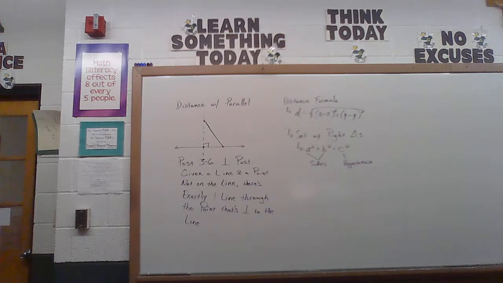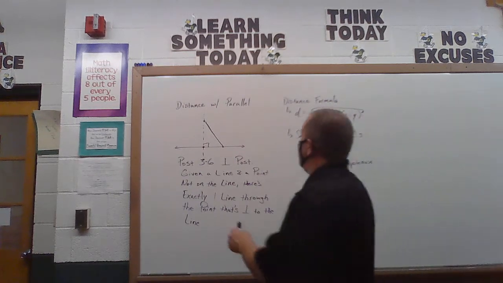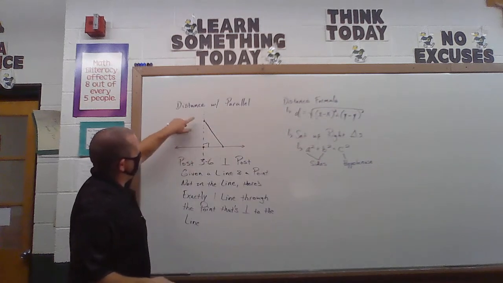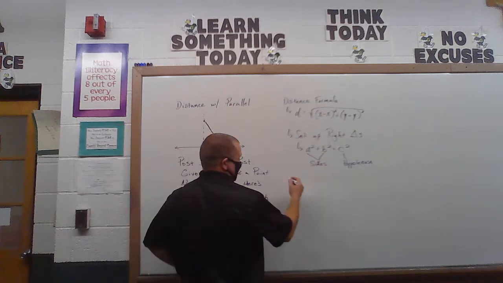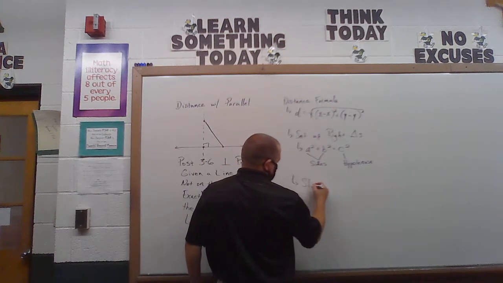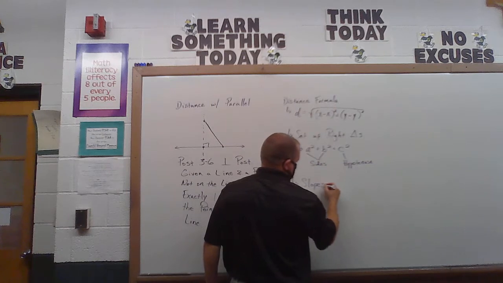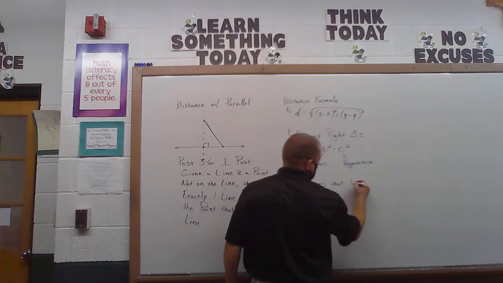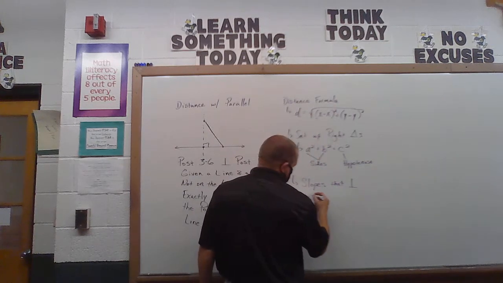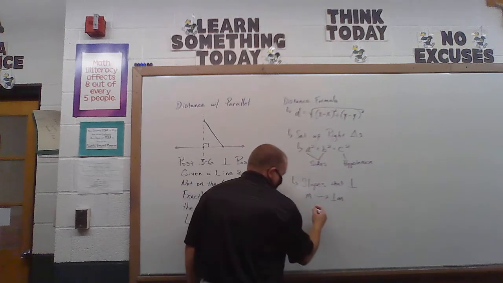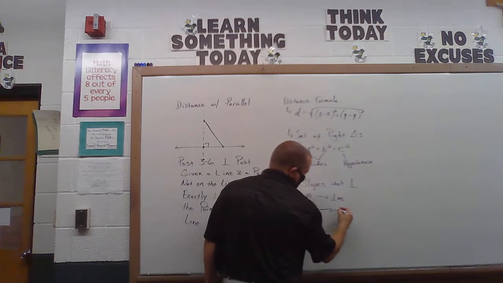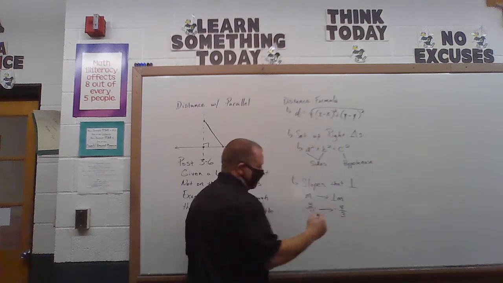Remember now, if I'm going to do this, if I know where my dot is and I know where my line is, I need this dashed line that's perpendicular. So what's true about my slopes? What's true about slopes that are perpendicular? They're opposite reciprocal. So again, if I have my original slope and I want the perpendicular slope, if this one's 3/4, my perpendicular slope is negative 4/3.